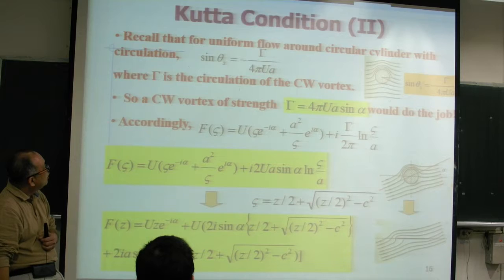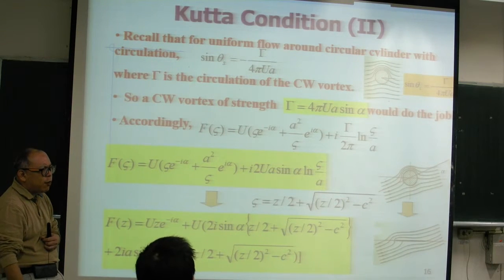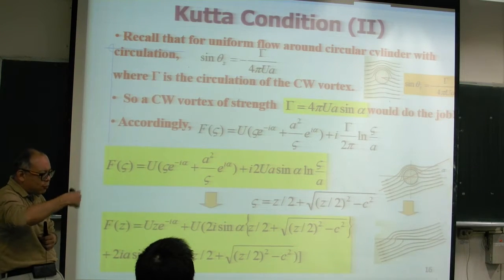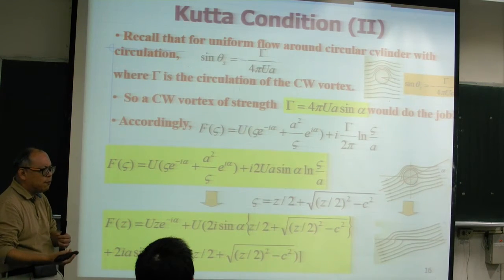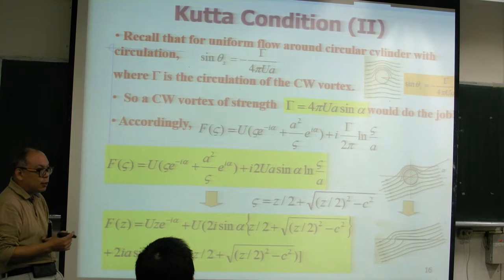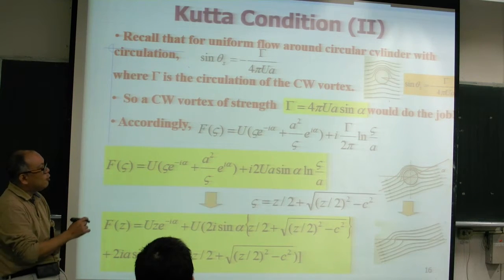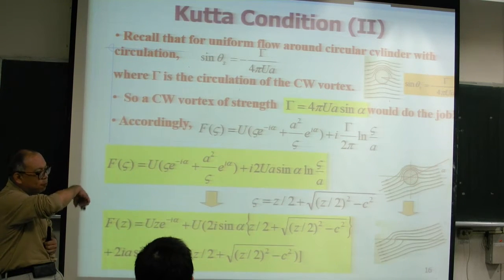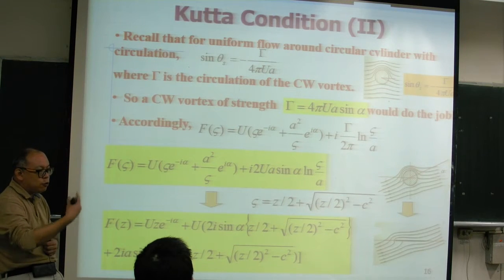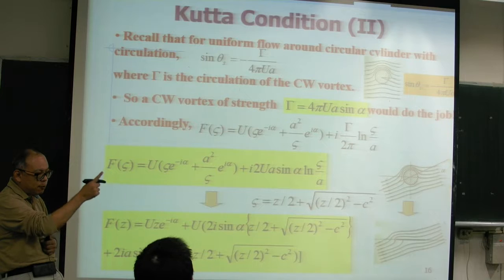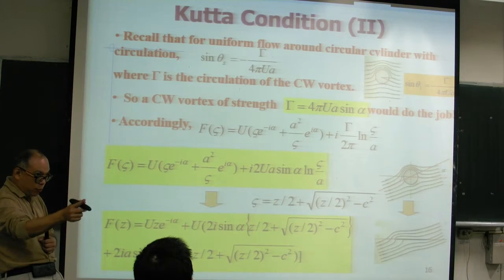Remember why we can apply the circulation on the airfoil here: because the flow is always irrotational, right? For chapter 4, we are talking about all this potential flow. A potential flow is incompressible, inviscid, irrotational.